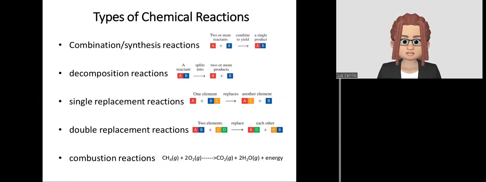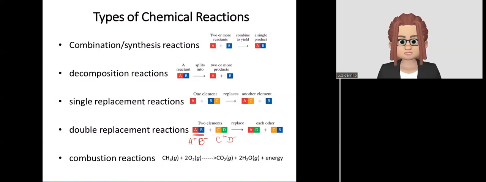In double replacement reactions, we are going to assume that if we have an ionic solid represented by A and B, A is going to be a cation and B is going to be an anion. C is going to represent a cation, and D is going to represent an anion.